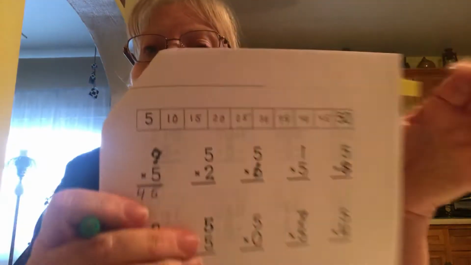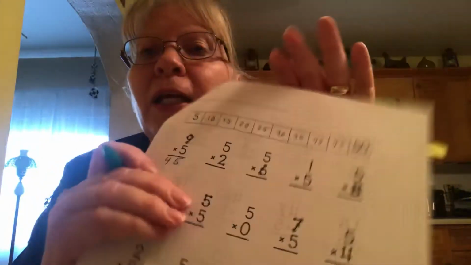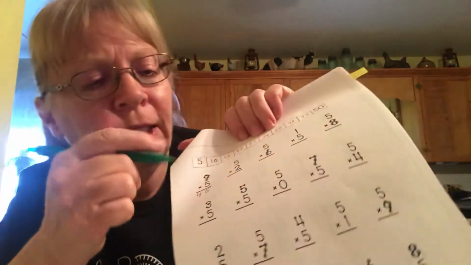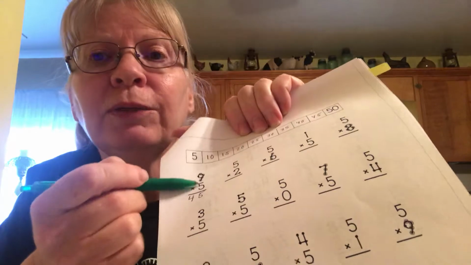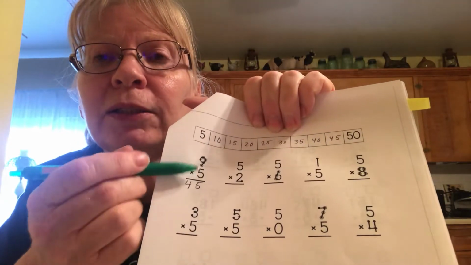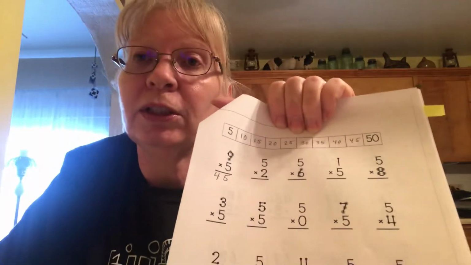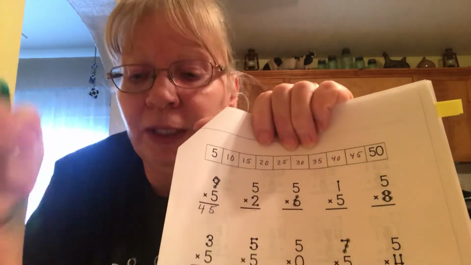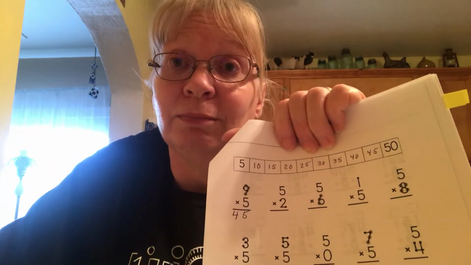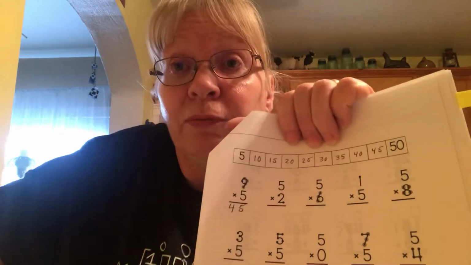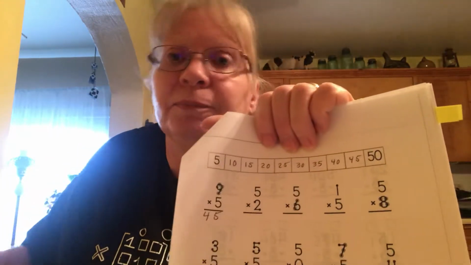So the answer to that first one is 45. Okay, so I wrote 45 there. And I made sure I lined up the number in the ones place with these because these are in the ones place. It's important to have your numbers line up because when your problems get harder, you'll get mixed up if you don't have your answers in the right place.